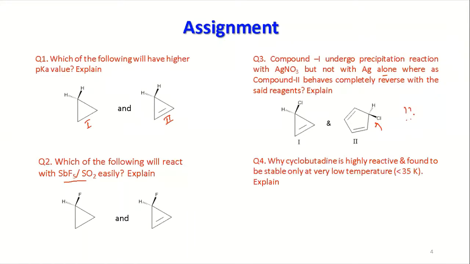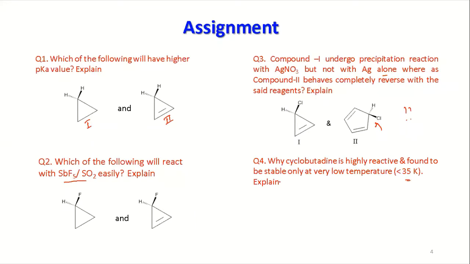And the fourth one is almost the same question that I asked in the last part. Why is cyclobutadiene highly reactive, found to be stable only at very, very low temperature, 35 Kelvin?